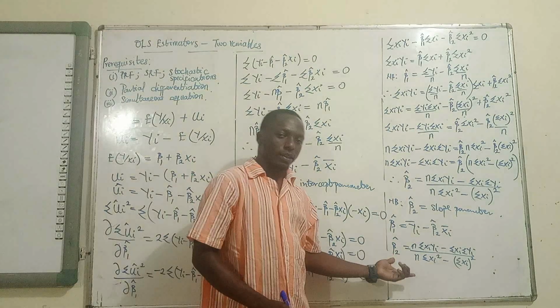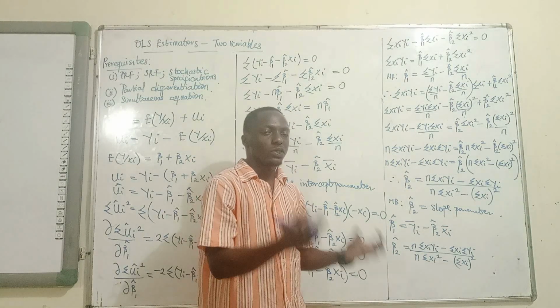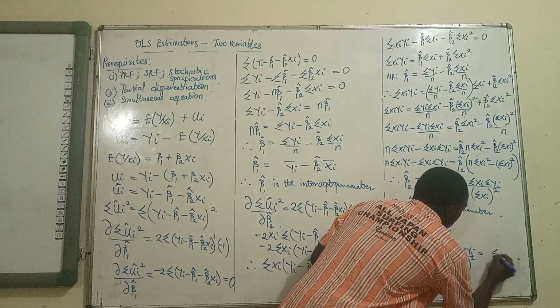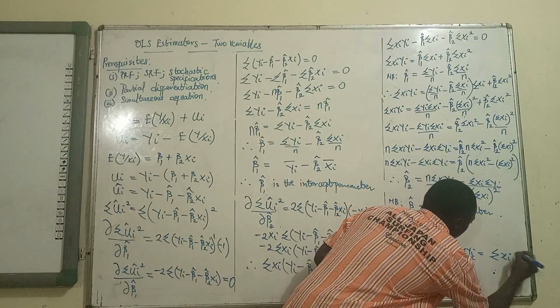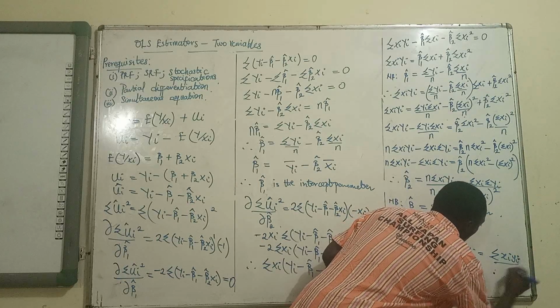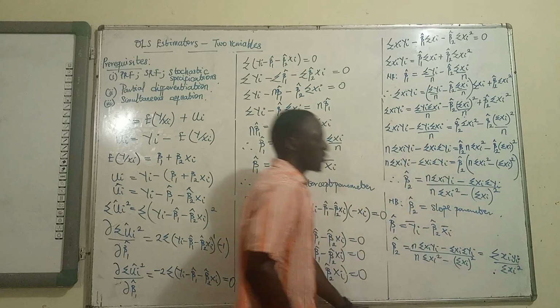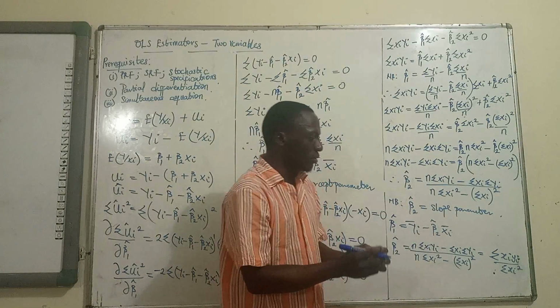Now the slope parameter here can always be written in deviation form, and when you write it in deviation form, you have summation small xi small yi over summation small xi all squared. Yeah, that looks very, very compressed.